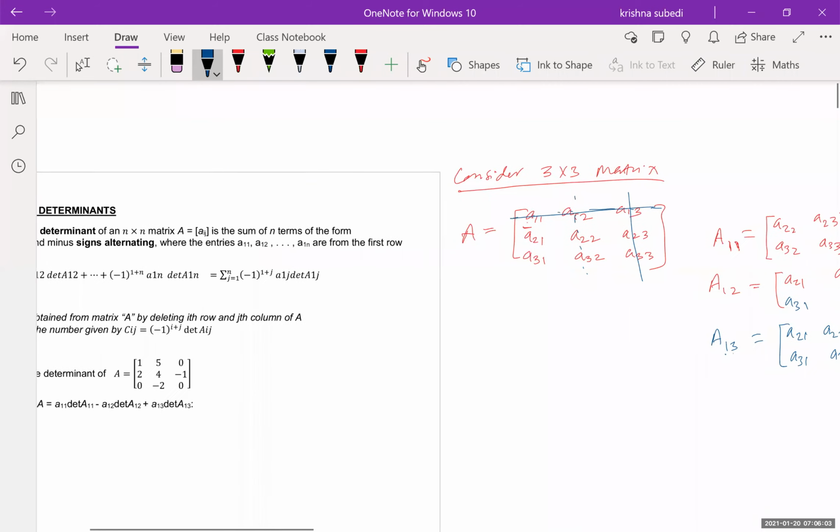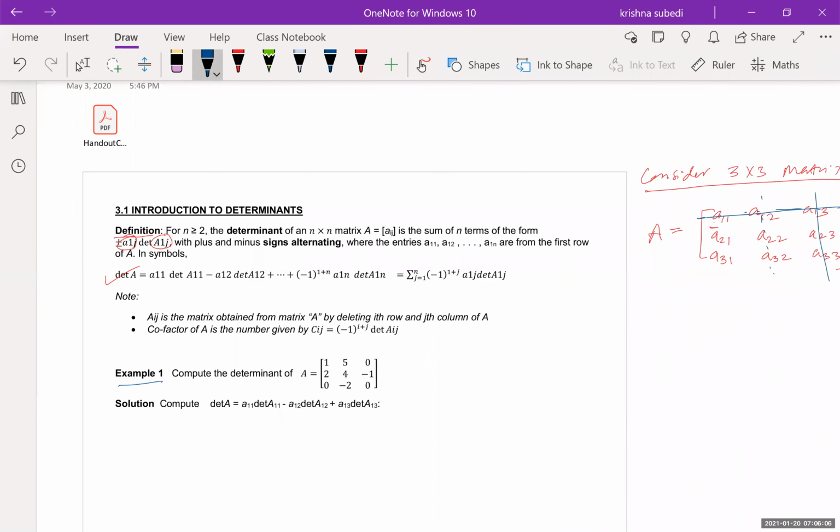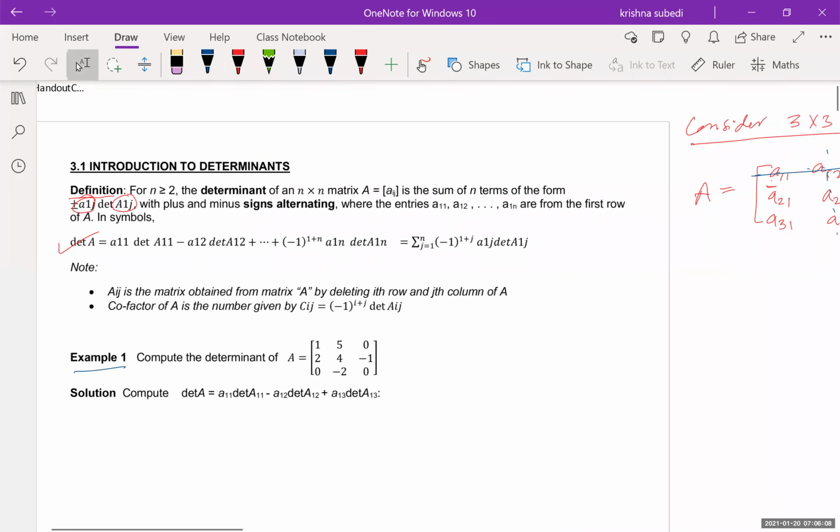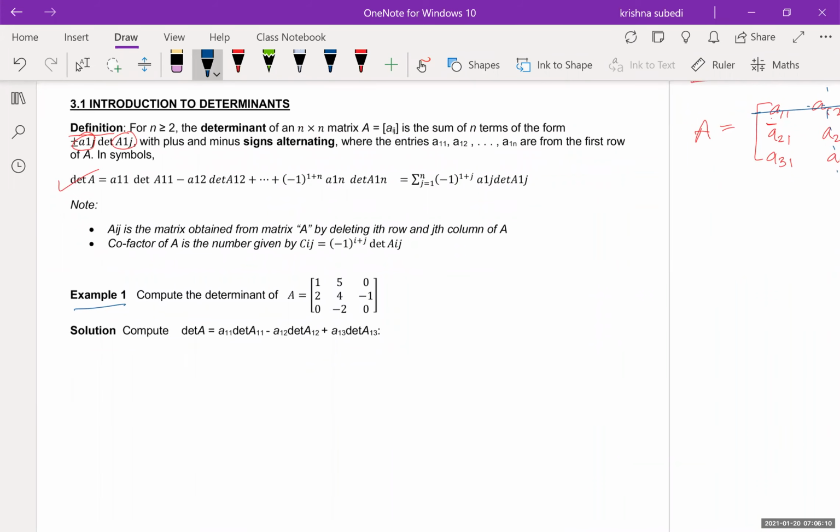Now let us look at this example right here. And determinant is this, but first of all, we should know what is a_11. So here you see the formula, that's how we define the determinant. But what is a_11 here? That is 1, first row, first column. a_12, the first row and second column, is 5.